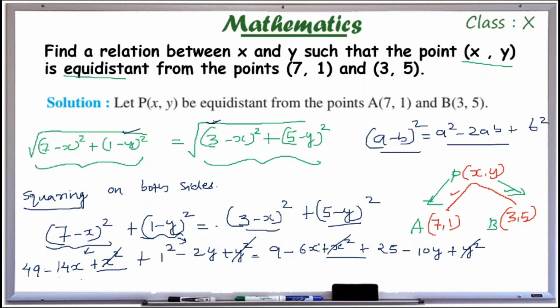Okay, no other cancellation. Now we have to bring all the x and y terms to the left side and the number terms to the right side. Once more I am repeating, we have to bring x and y terms to the left side and number terms to the right side. So 49 is a number, so we have to move it to the right side.